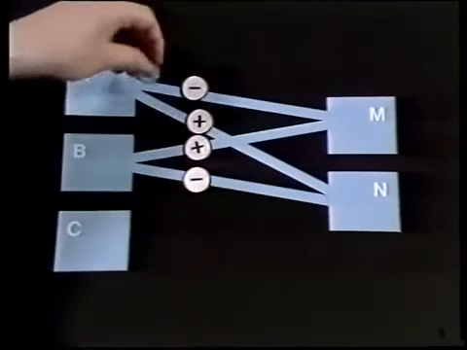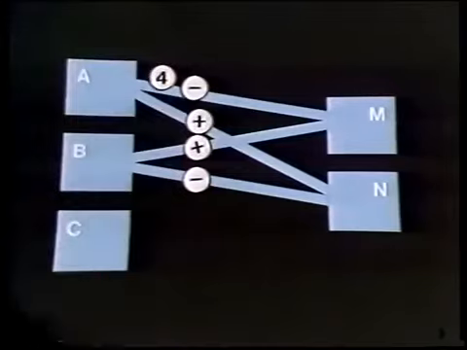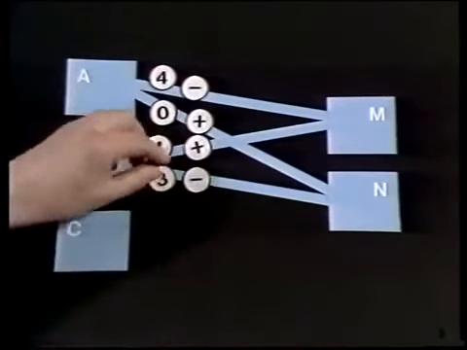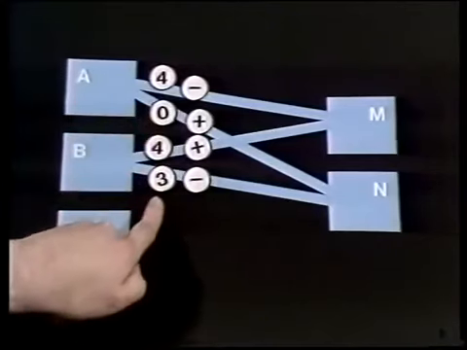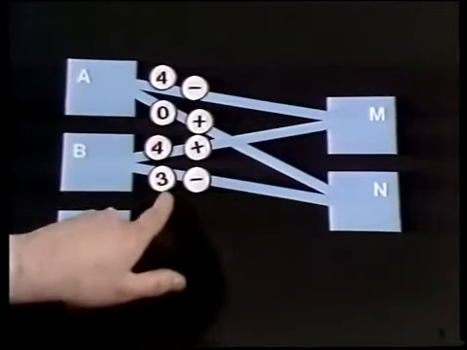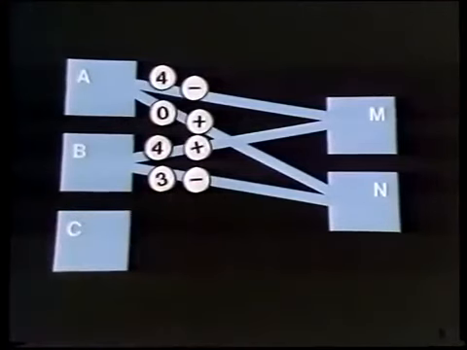And the original amounts that were sent along those routes are 4, 0, 4, and 3. And it's this last 3 that is the important thing. Because, you see, we cannot take away more than 3 units from the amount going along BN without changing the solution. So that's the answer to our question. The most that we can divert in this way is 3 units along AN.